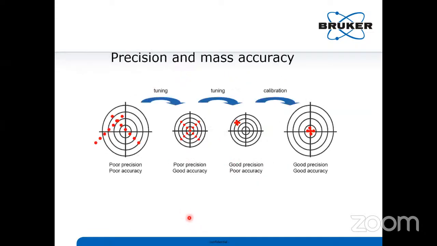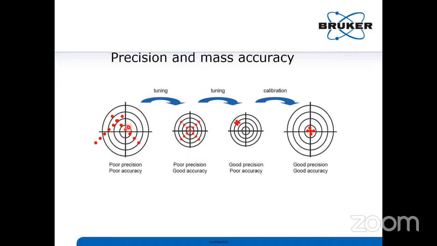When you are analyzing any of your samples in mass spec, you should remember these all 4 steps. Your sample analysis starting without calibration is not acceptable. Good precision with good accuracy is the ultimate we need.